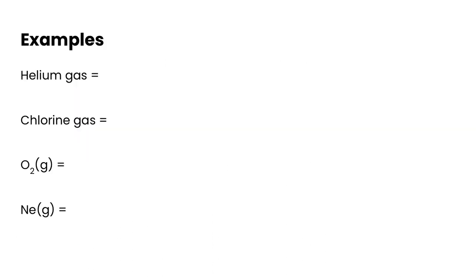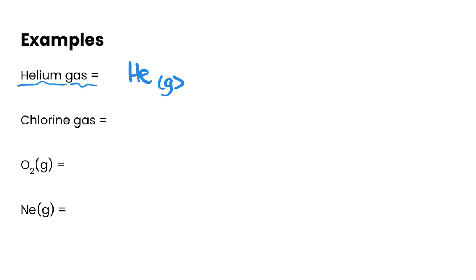So knowing that, if we're asked for some of these, let's just go through some examples quickly. Helium gas, helium is not one of those 7, so we would just write He. And because it's telling us a gas, we could add in a state symbol of a g, and that tells us that we know it's a gas.